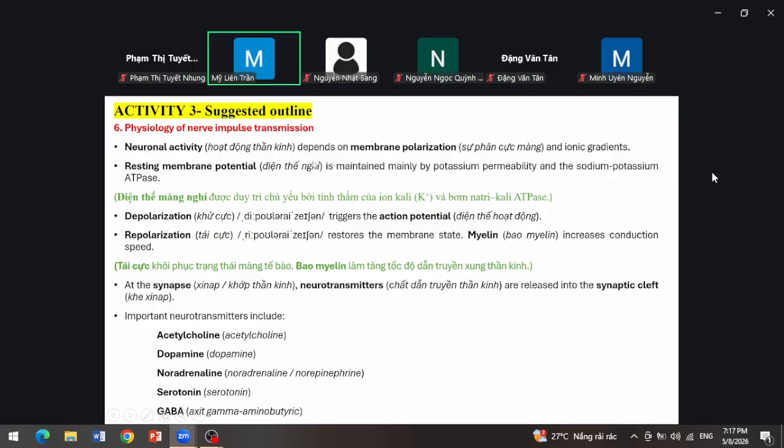Neuronal activity depends on the membrane polarization, ionic gradients. Resting membrane potentials maintain mainly by potassium permeability and sodium potassium ATPase.